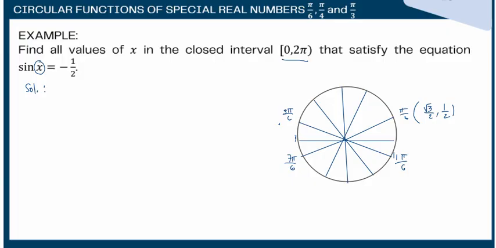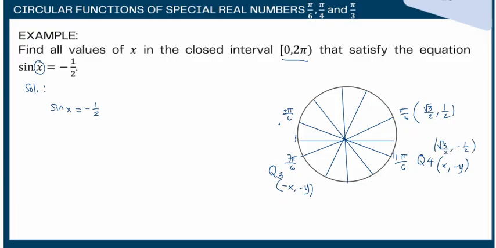As you can see, if we do that, your sine x here is equal to negative 1/2. It will only be negative 1/2 when you are in quadrant 4 and quadrant 3, because the values there are negative x, negative y, and then x, negative y. So, this is going to be square root of 3 over 2 and negative 1/2.